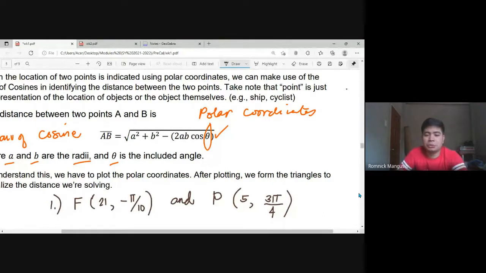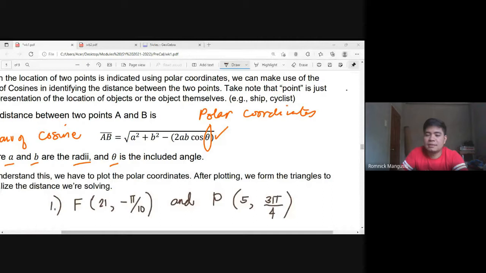I am giving you 90 seconds to answer it. And then you will provide your answer in your comment. At mamaya papakita ko din ang illustration kung paano siya makuha. Okay.